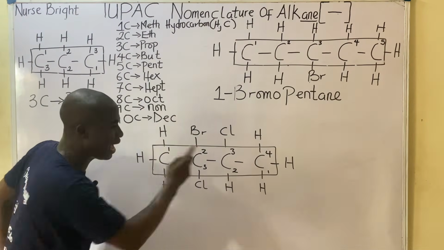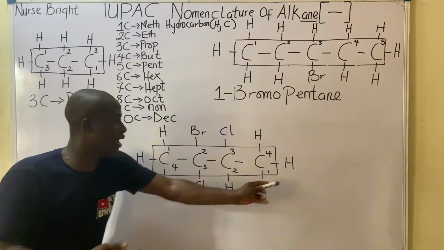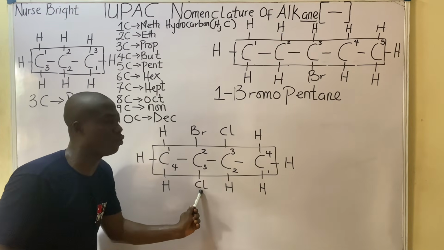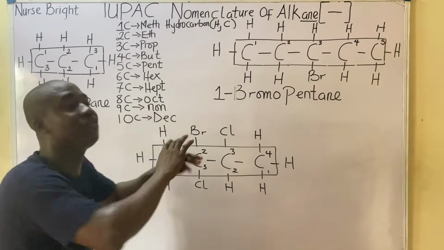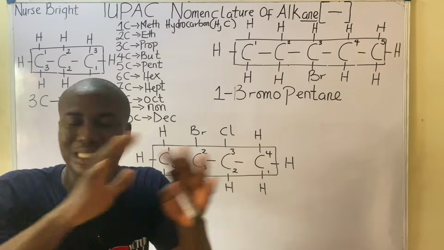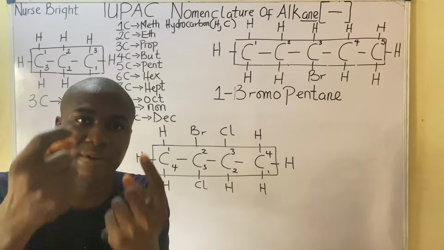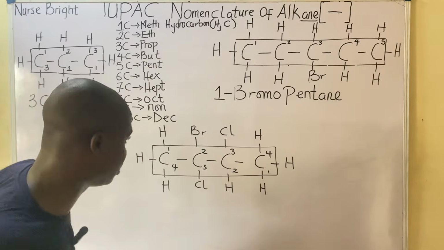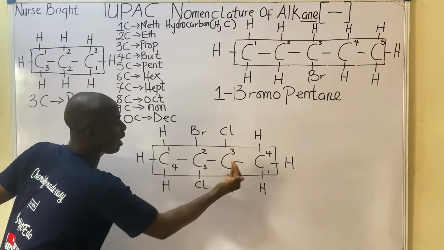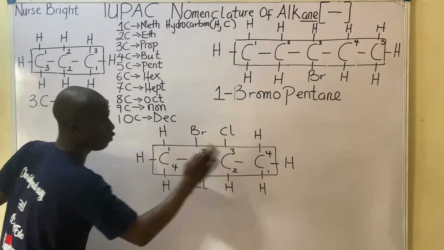I can't count like this, because if I count like this, chlorine here we have number 3, and it doesn't work. Please note, when you have different substituents, follow alphabetical order. Please note, this is actually very important. So you can see that we have to count in this direction, so follow closely.